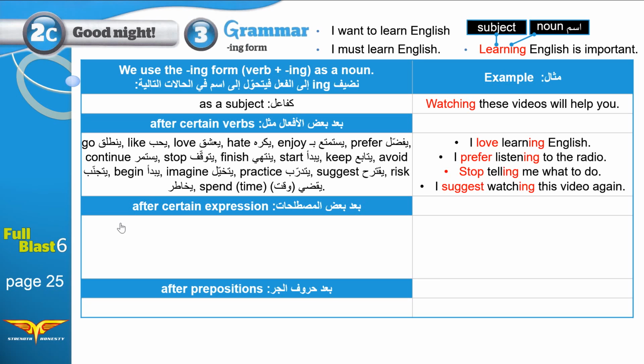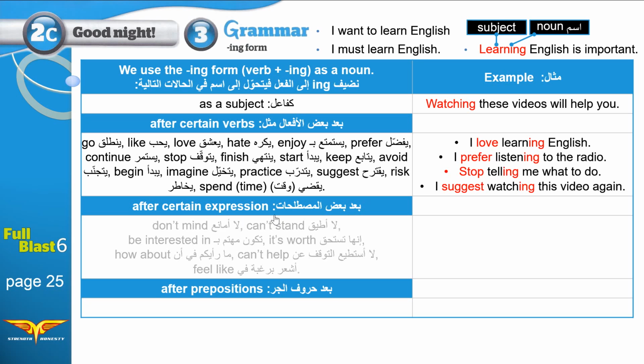Okay, next, after certain expressions. These are not just words. These are expressions. That means you don't take don't and translate it, take mind and translate it, and you think that you will get the meaning. No, you have to understand how the English-speaking communities use these expressions, because they have meanings that cannot be translated literally.